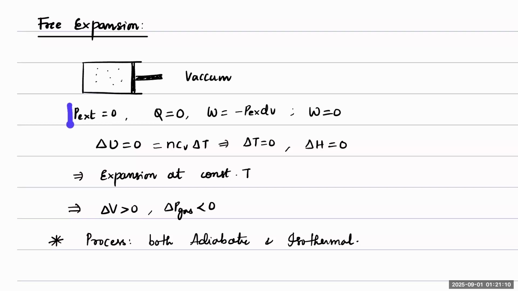So the P external is zero. If P external is zero, if there is no external force, work will be zero because that is supposed to be minus P external into dV.